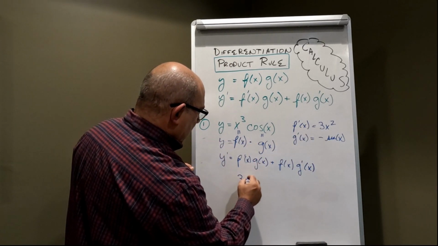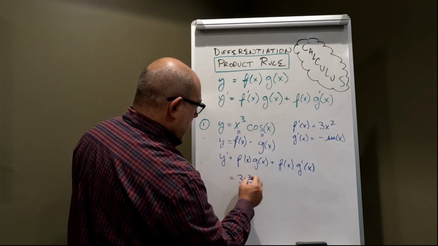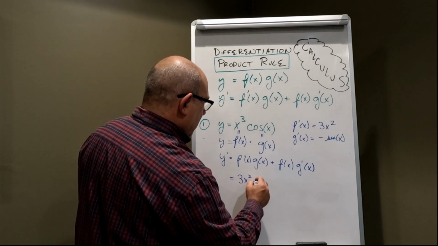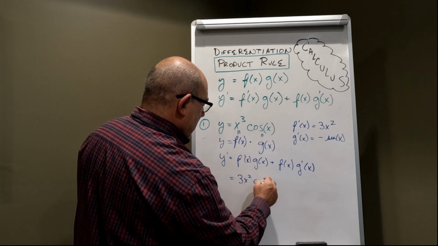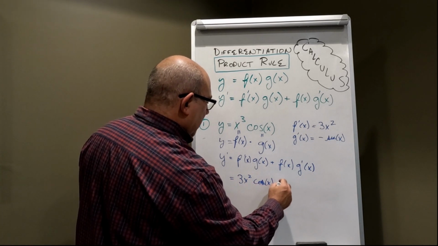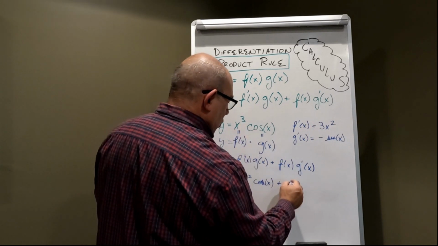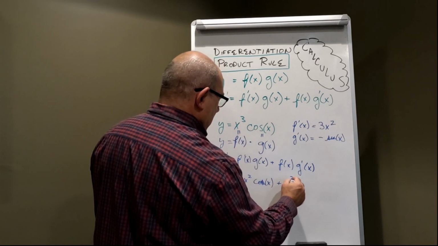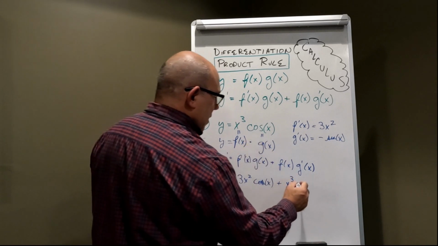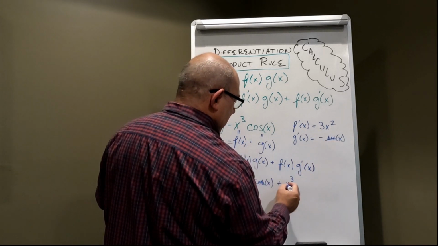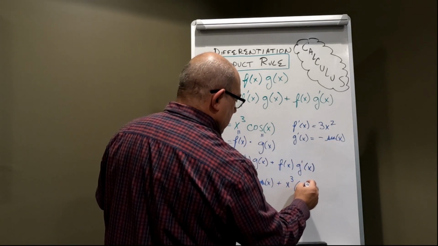So we have 3x squared times cosine x plus x cubed times this, which is minus sine of x.